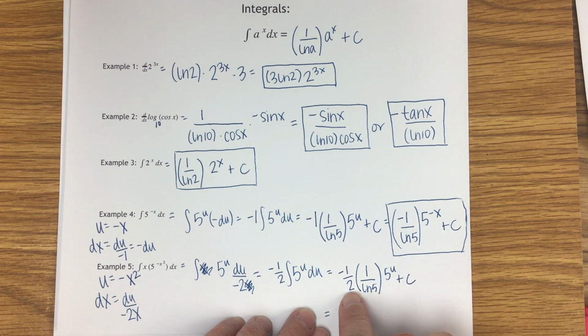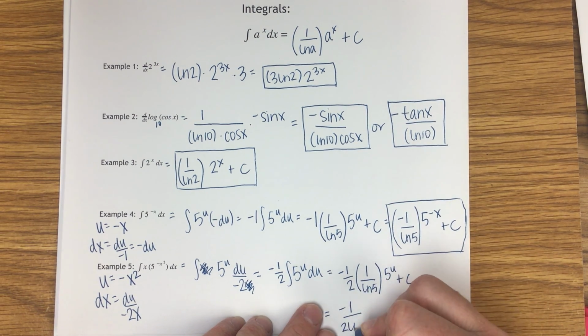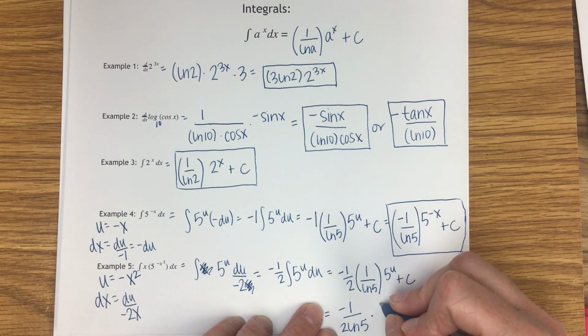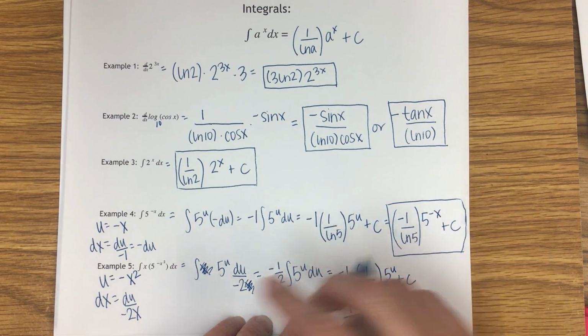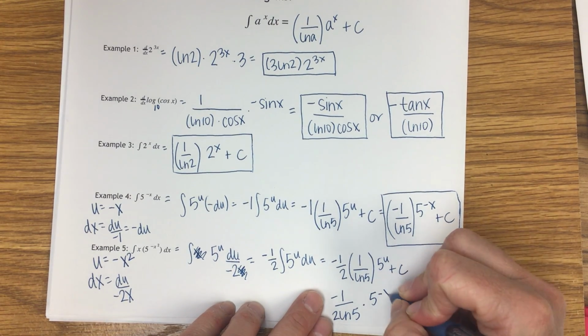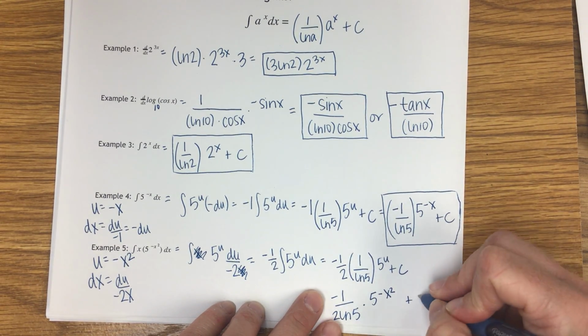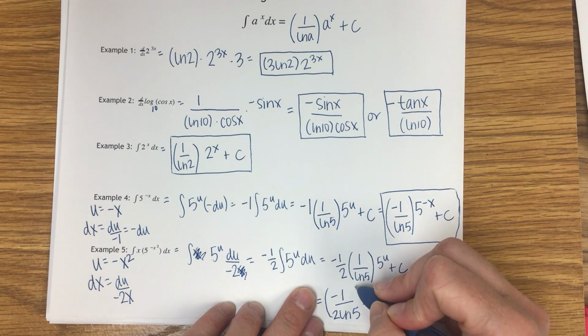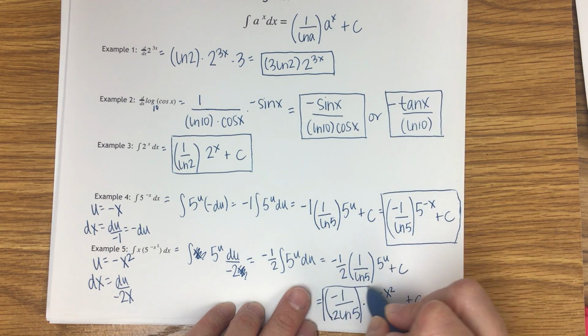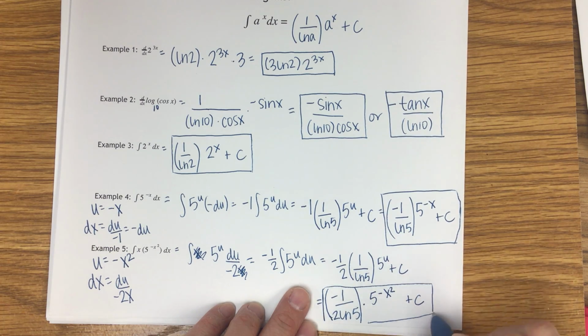On the bottom, I'll have 2 ln of 5. And then the whole thing is multiplied by 5 to the u. U is negative x squared, plus c. I'm going to put my constant in parentheses, just kind of make sure that stays together. And then that's my final answer.